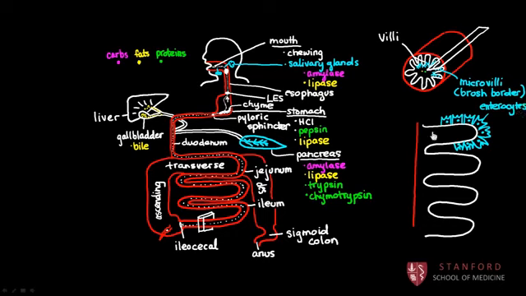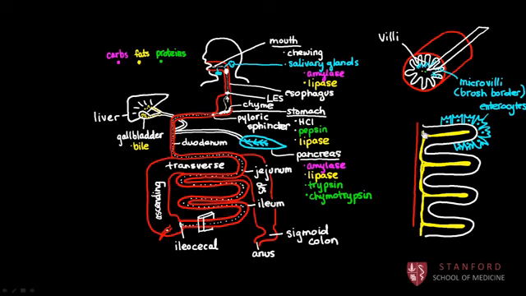Now, inside each of these villi, these finger-like projections, is something called a central lacteal. And the central lacteal is sort of a projection of the lymphatic system. So the central lacteals are continuous with the lymphatic system.